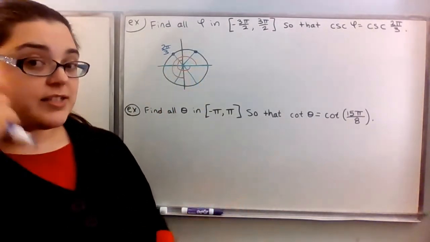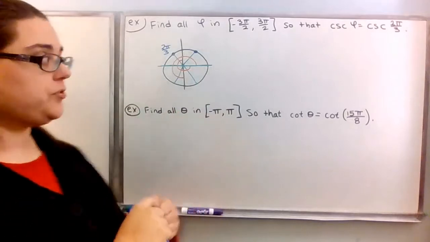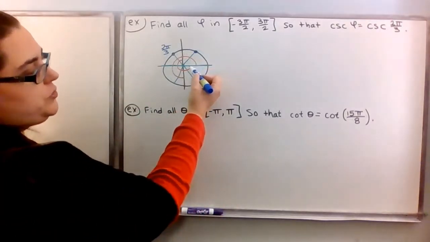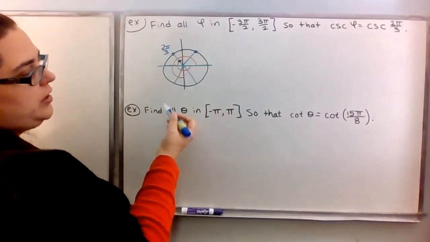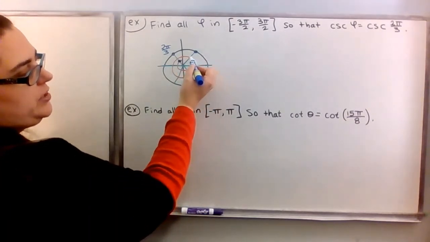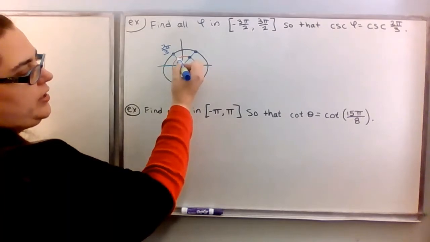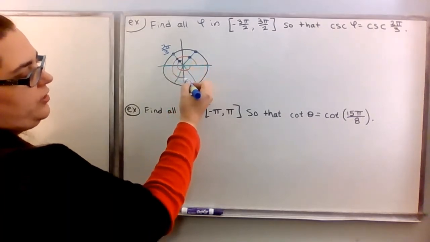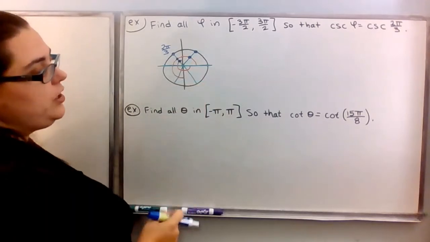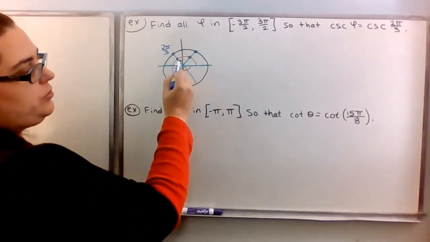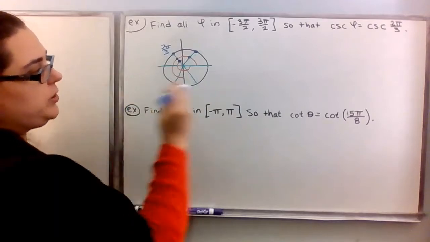So that means as I follow those red lines that I drew, as I go in the negative direction, I'm going to be interested in this point here. And in the positive direction, I'm going to be interested in this point and this point. And as I follow the line, it stops here and there's nowhere else where it hits. So we're going to get 1, 2, 3 solutions to this problem.